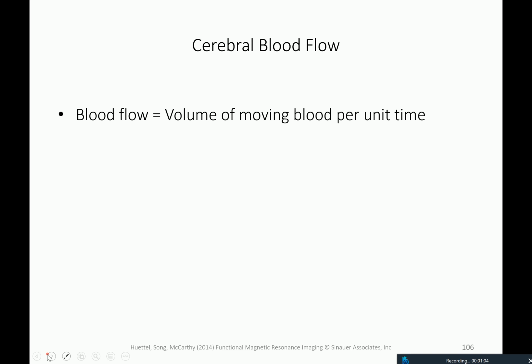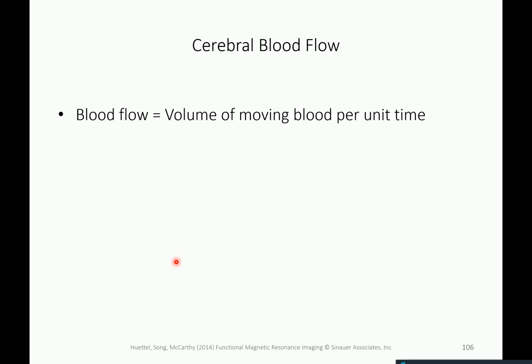In principle, cerebral blood flow in physiology can be described in a similar way to an electrical current. Blood flow is defined as the volume of moving blood per unit time.